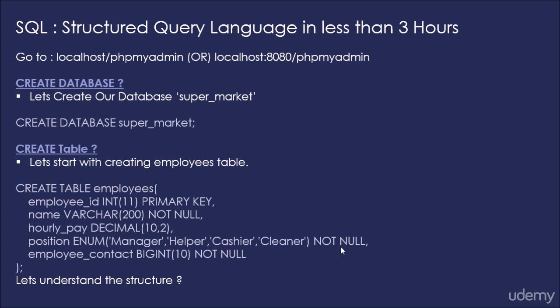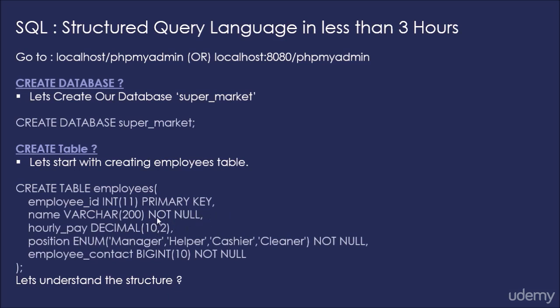That is, a position has to be associated with each and every employee detail being entered in the employees table. And fifth is the employee contact. Again, it is an int, but a BIGINT here, and NOT NULL, which again says that the employee contact detail is a must for each and every employee getting entered in the employees table.